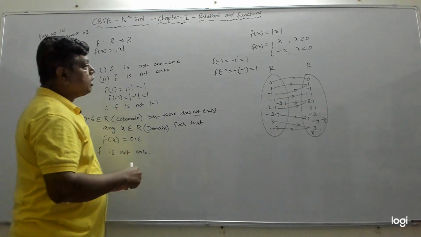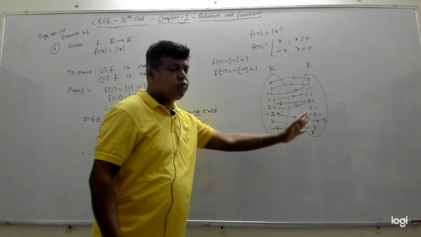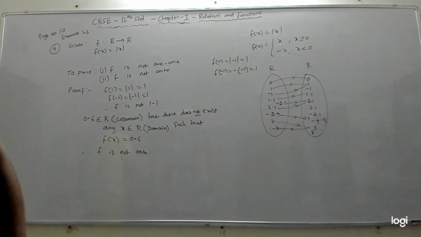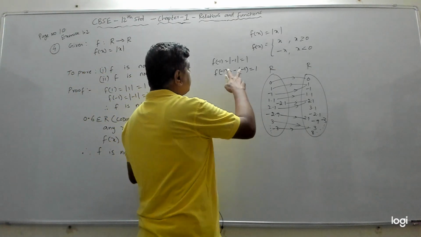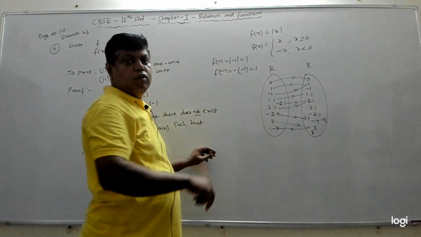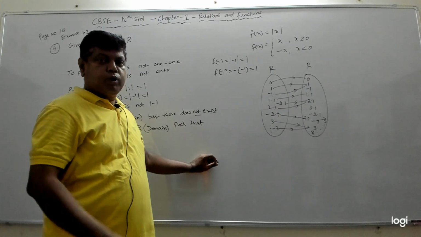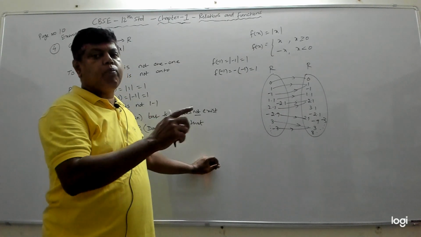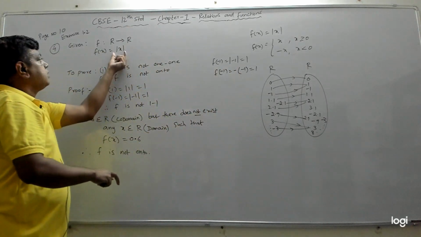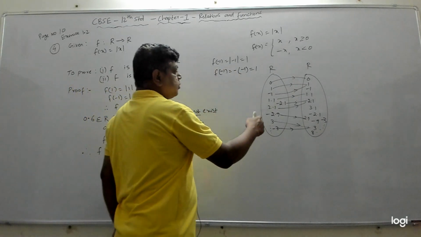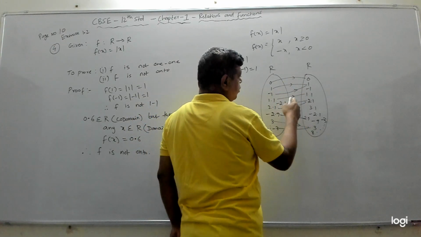Similarly, we have to prove that it is not onto. Obviously, the modulus function will always give you a non-negative value, which means either 0 or a positive value. It can never become negative. Your f of x is mod x, and this will never become negative. So all these numbers go to the positive value only.